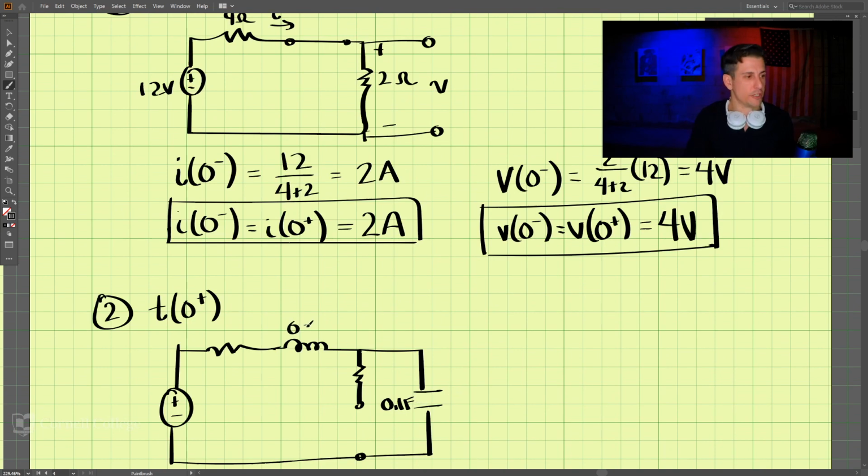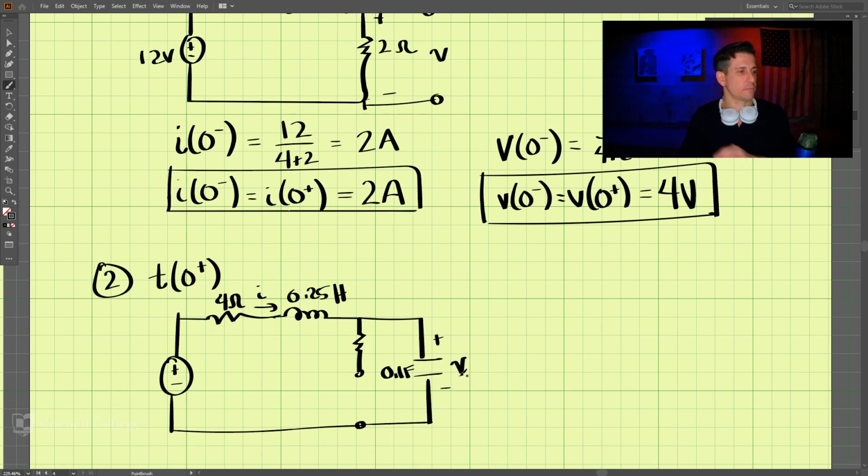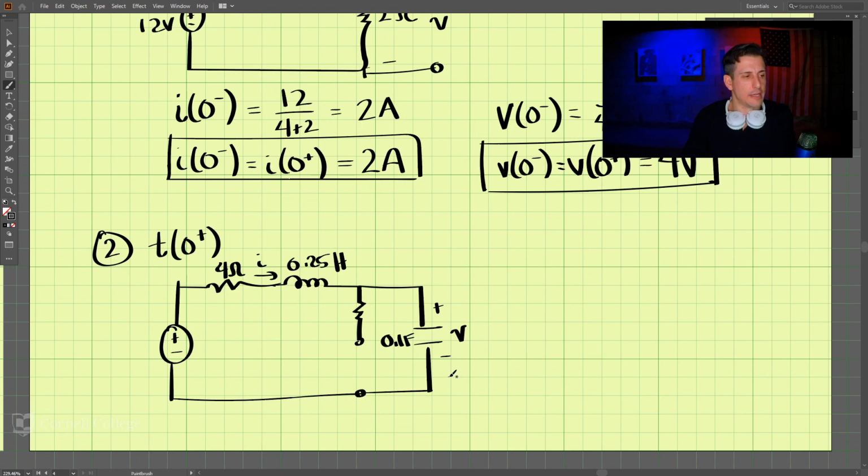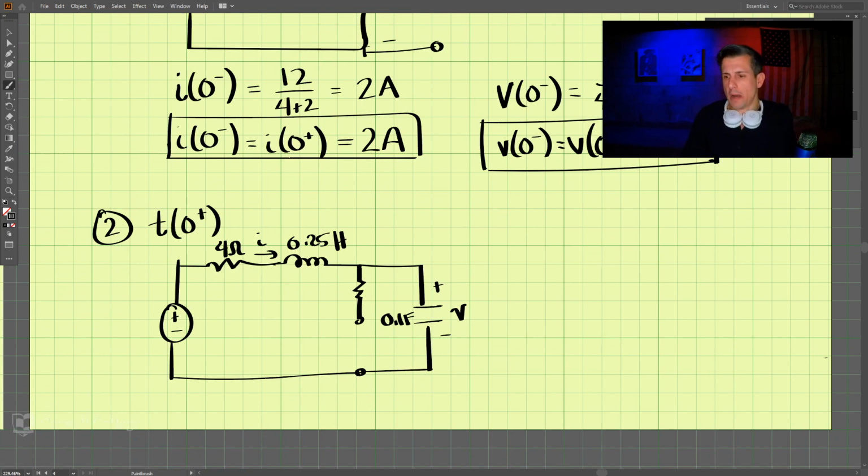And then this is 0.25 Henry. And this is 4 ohms. And this is I. And then this is our voltage V.